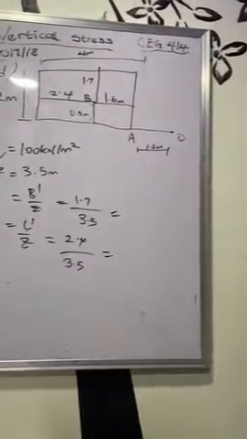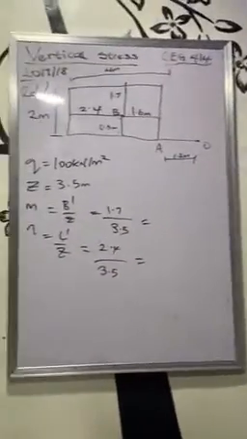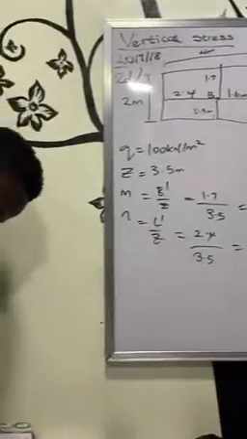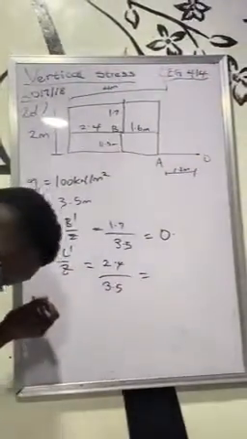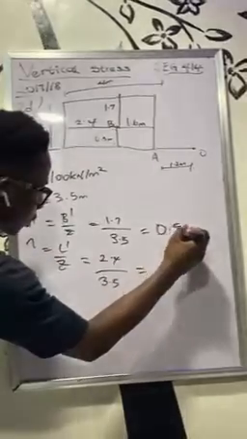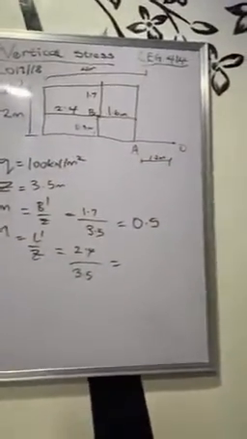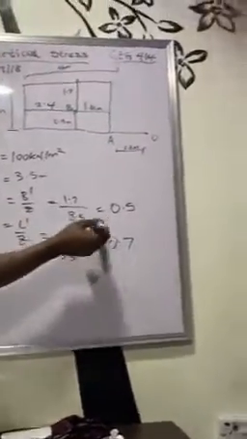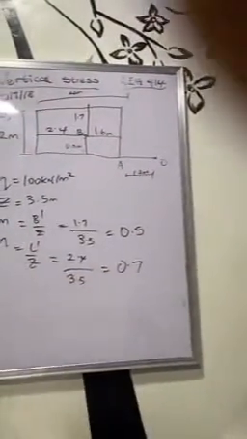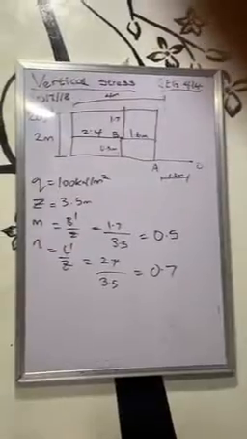When you do this, for the 1.7, I should get something like 0.5. It's not exactly 0.5, but again, the examiner does not really care about your interpolation, so I'm just choosing values that make it easier to get the influence factor immediately.